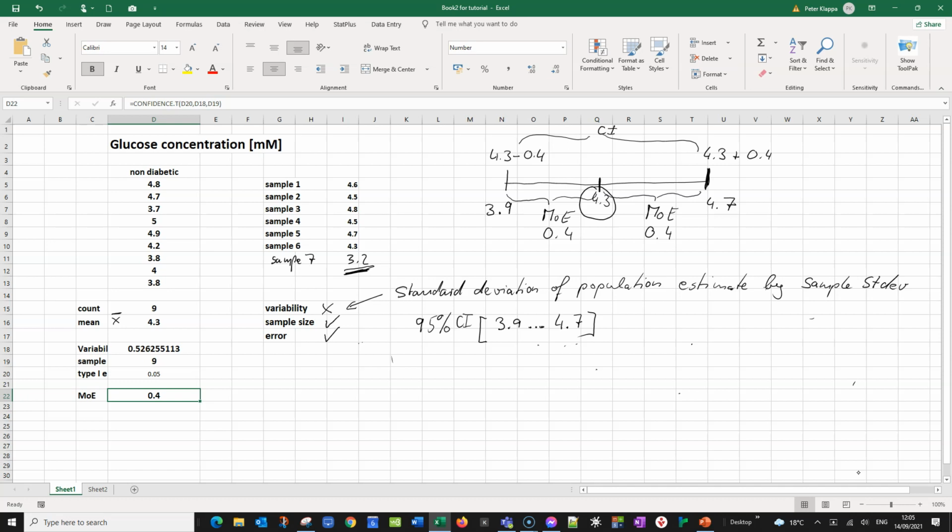glucose value of 3.2, we find that this 3.2 very clearly is outside.